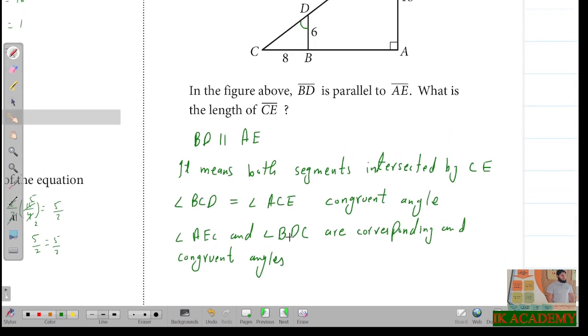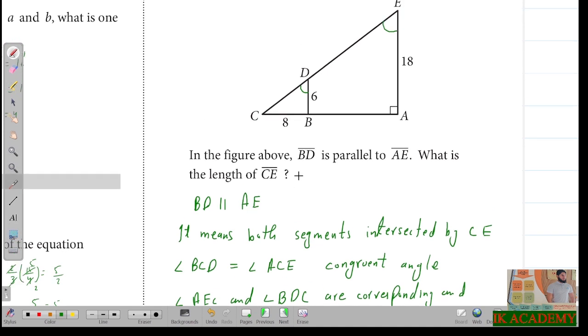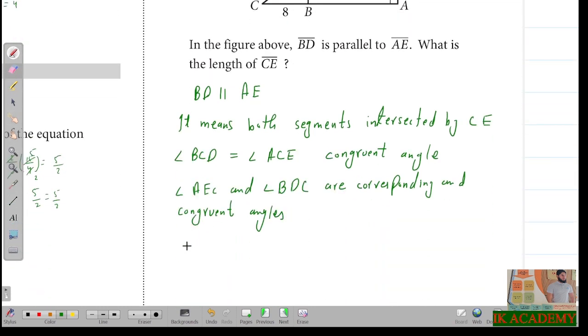So in two triangles, if two angles of one triangle and two angles of the other triangle are congruent, it means these triangles are similar.